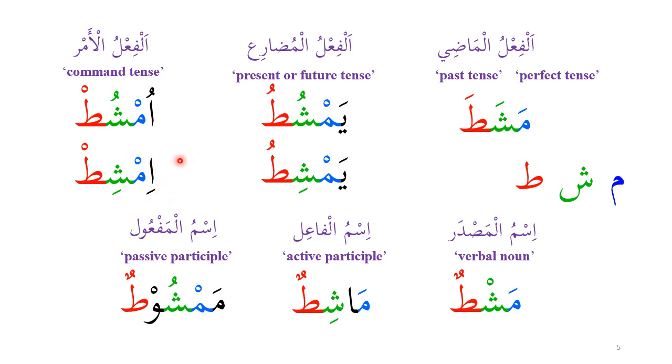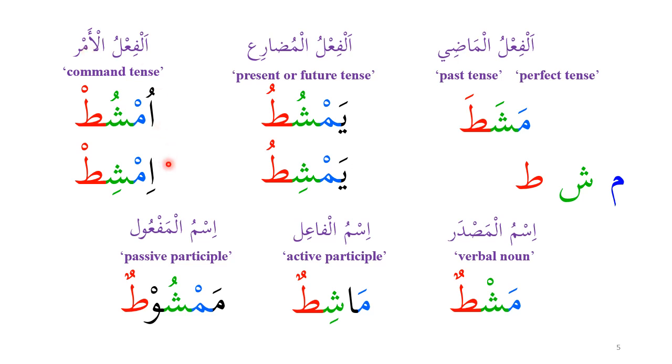And notice here, if this second letter has a kasra, then the command tense must have a kasra below the alif. And if it has a dhamma, then this first letter must have a dhamma in the command tense, or in al-amr.